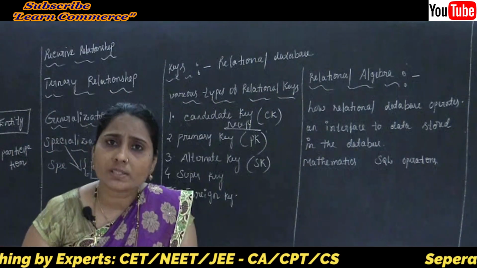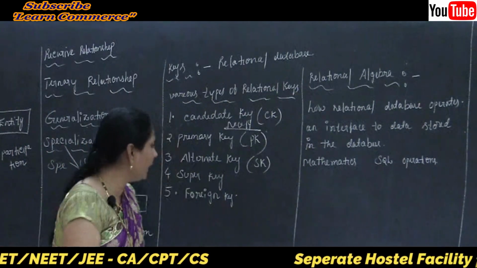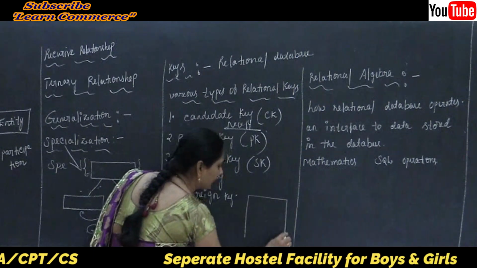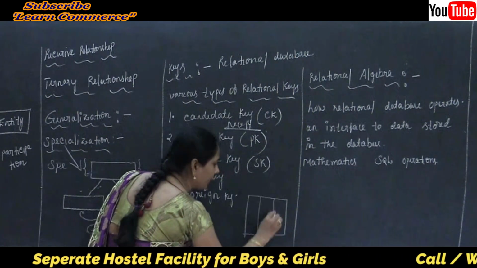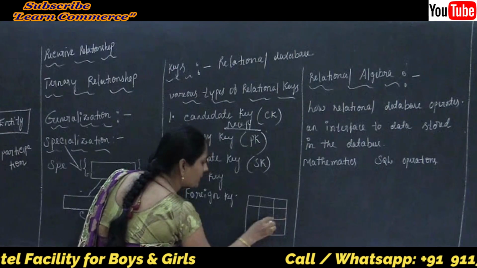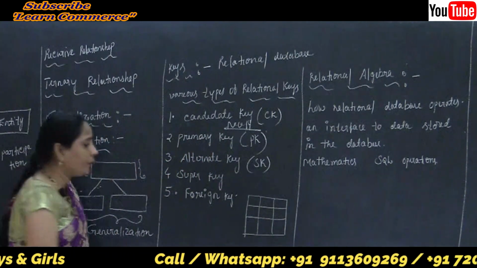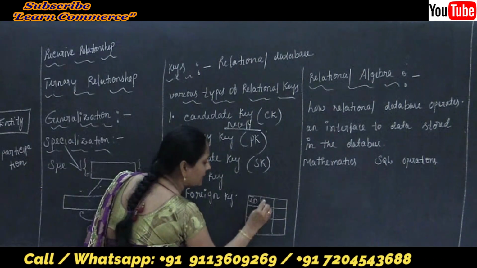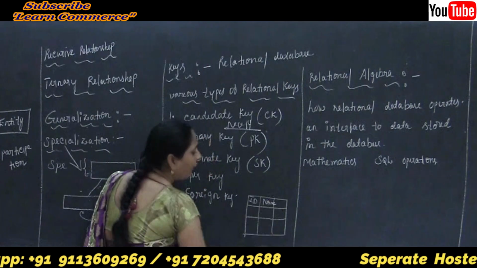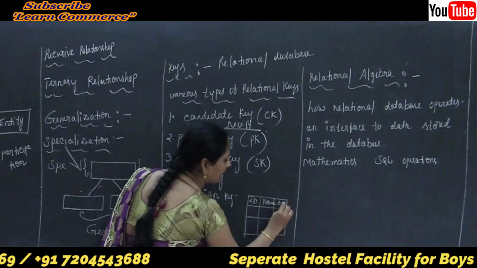N-U-L-L here. So what's the meaning of null? Maybe here we can say this is a table, and this table contains some columns as well as rows. The first column is the ID, the second column is the name, and the third column is the address.